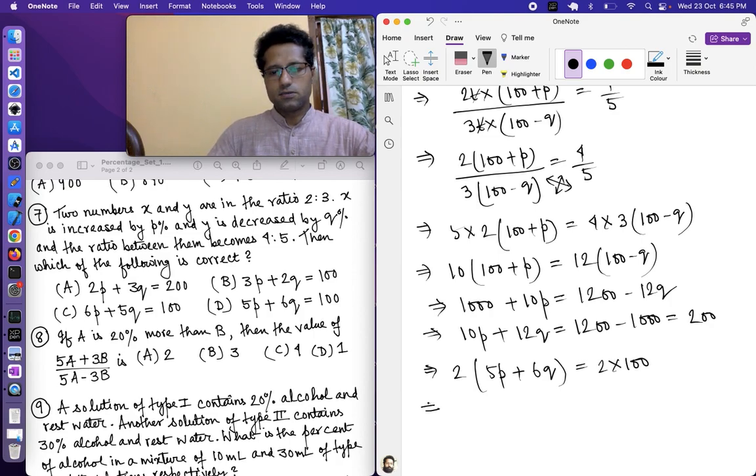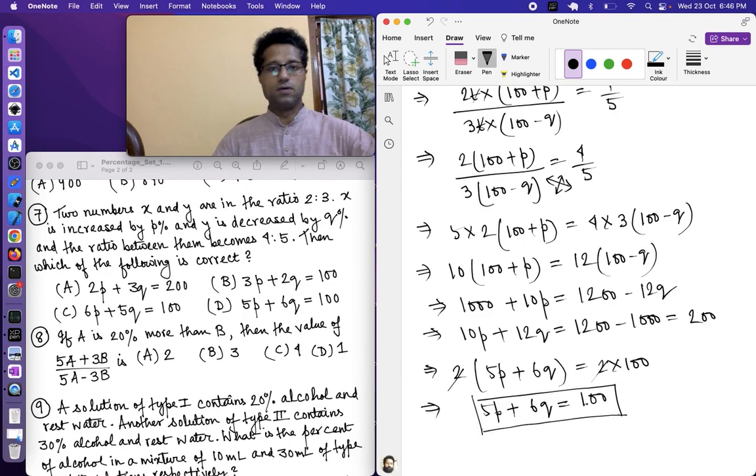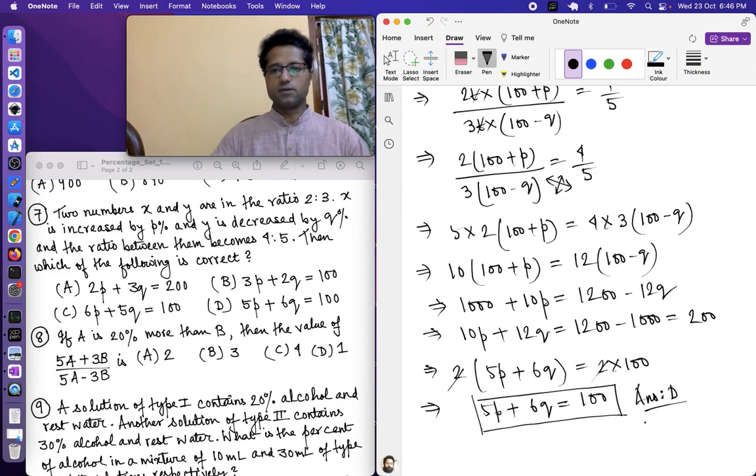So 2 cancels from both sides and we get 5p plus 6q is equal to 100, and hence the correct choice is D. D is the correct choice.